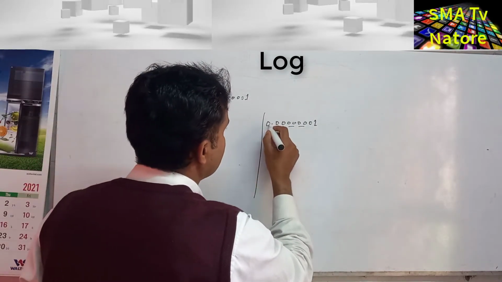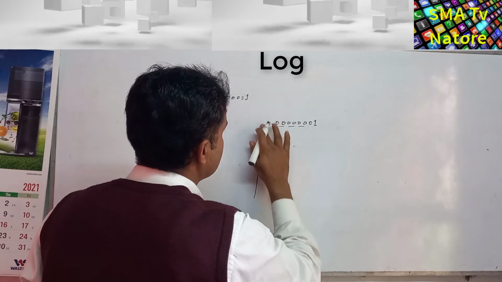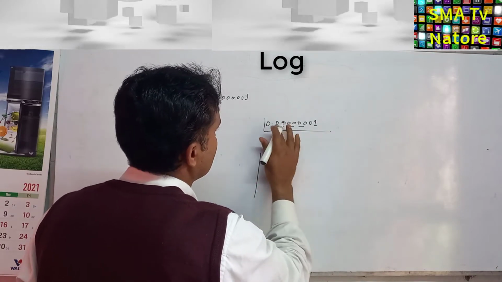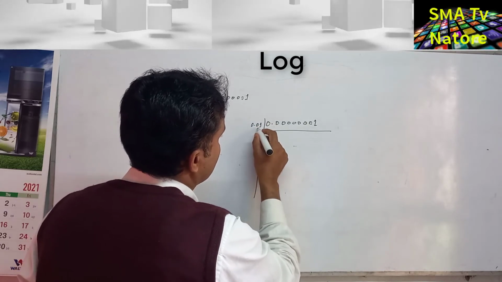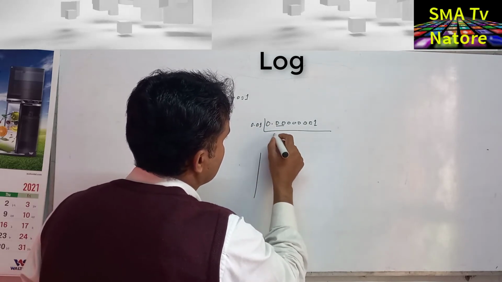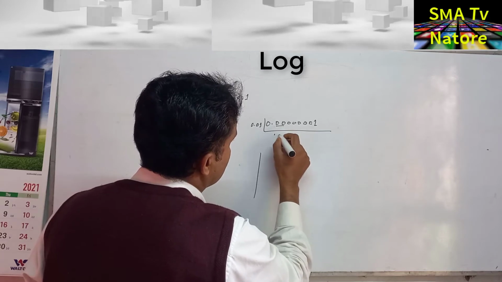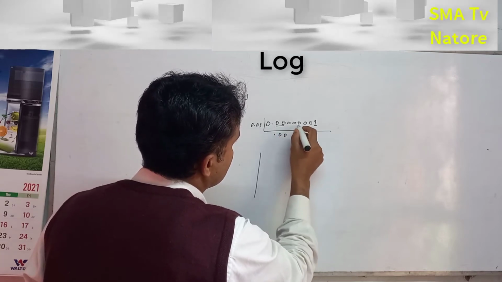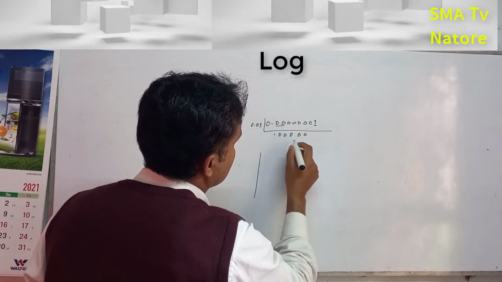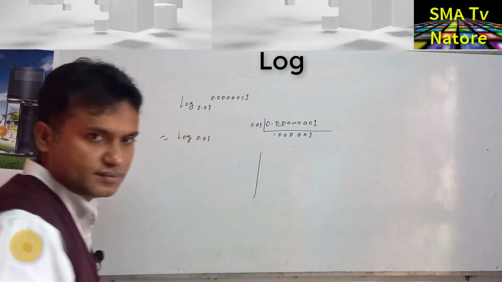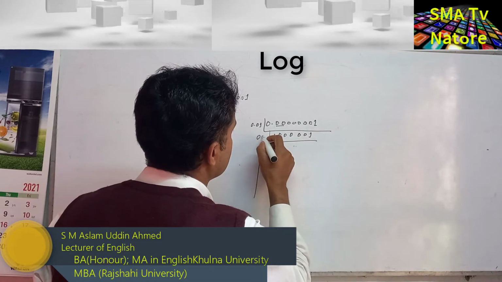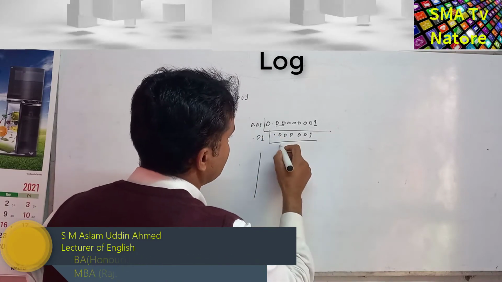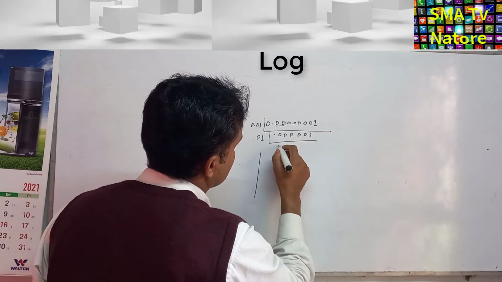So if we divide this number by 0.01, first cut down this, so here is 0 0 0 0 0 and next one is 1. Okay, next one is again 0 point and divided, next one is what?